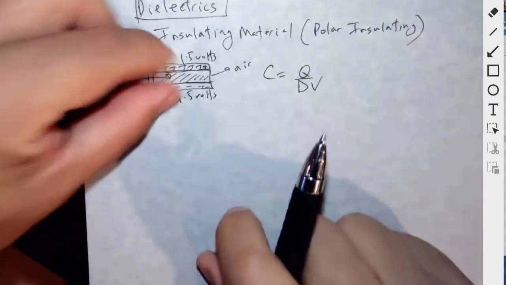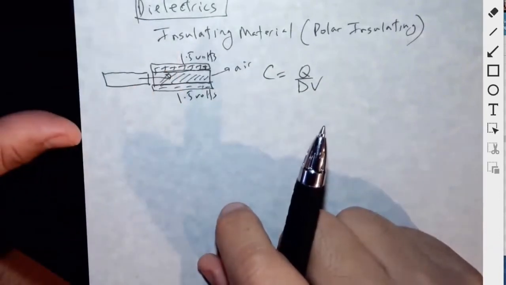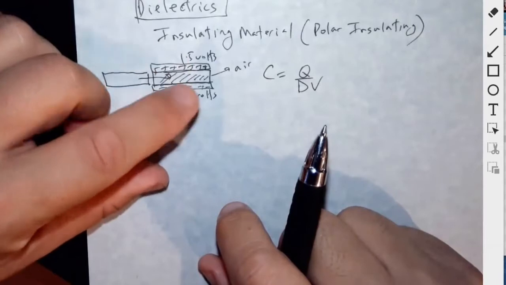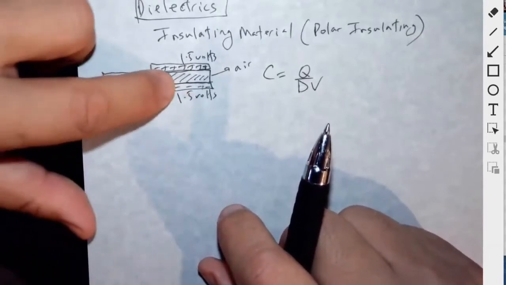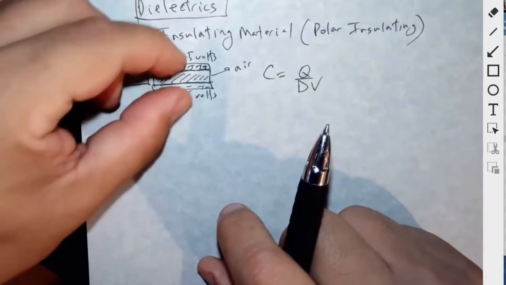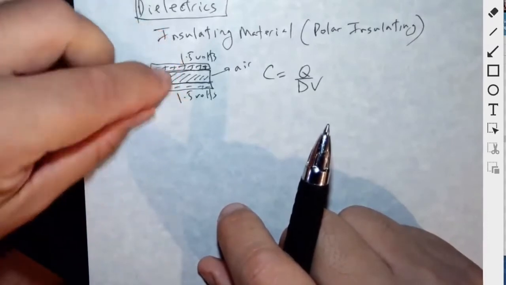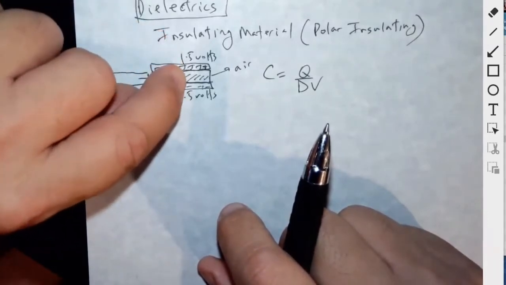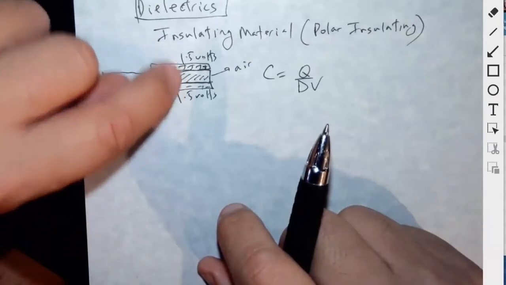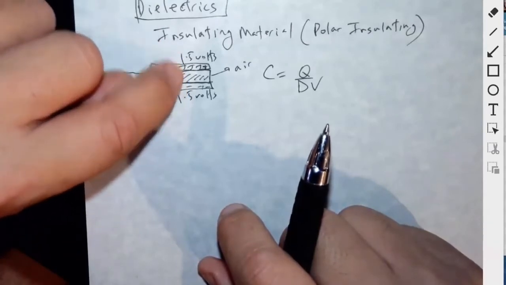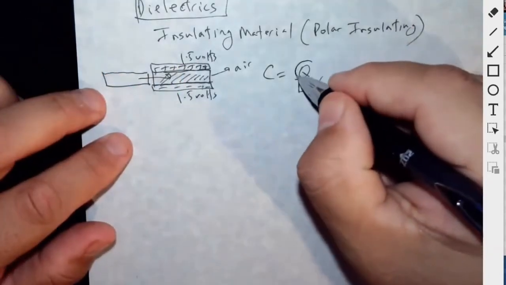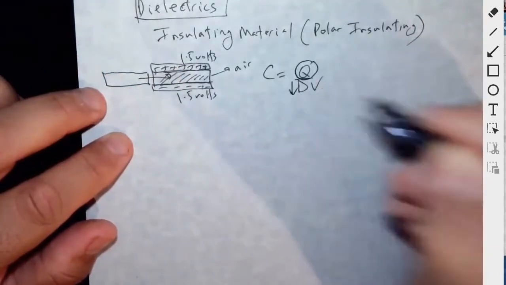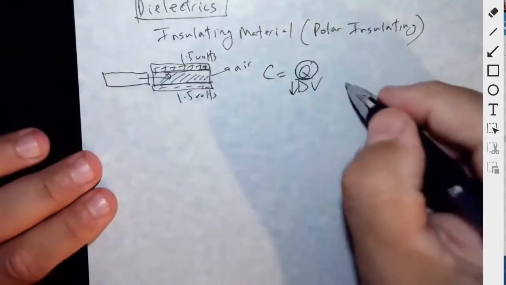And now I've disconnected it from the battery. So now it's actually charged to 1.5 volts. If I insert a dielectric in there, that's actually going to reduce the voltage, because the polar molecule in there is going to fight the electric field of the external two plates. It's going to keep the charge the same, but the voltage is going to drop by a factor of kappa.